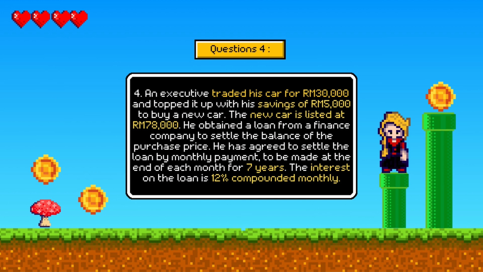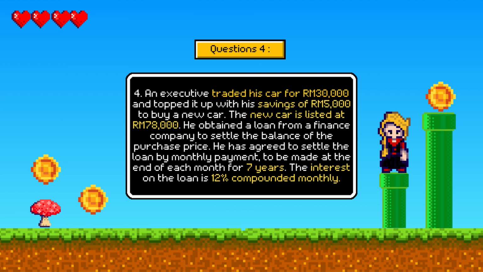Okay, next question 4. An executive traded in his car for 30,000 ringgit Malaysia and topped it up with his savings of 5,000 ringgit Malaysia to buy a new car. The new car is listed at 78,000 ringgit Malaysia. He obtained a loan from a finance company to settle the balance of the purchase price.